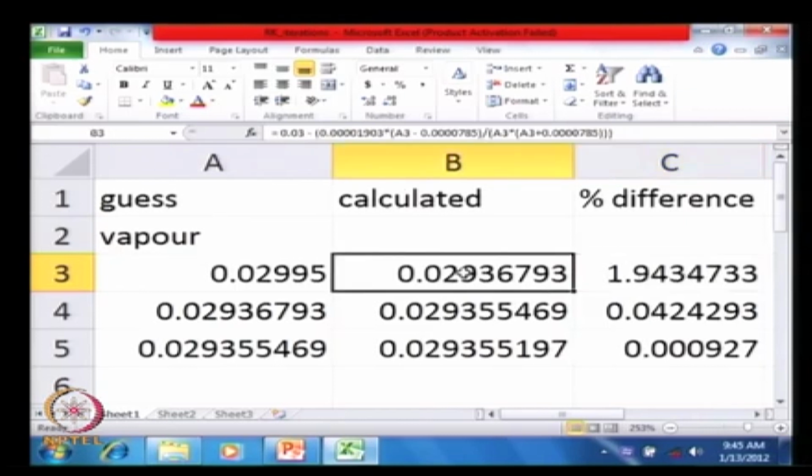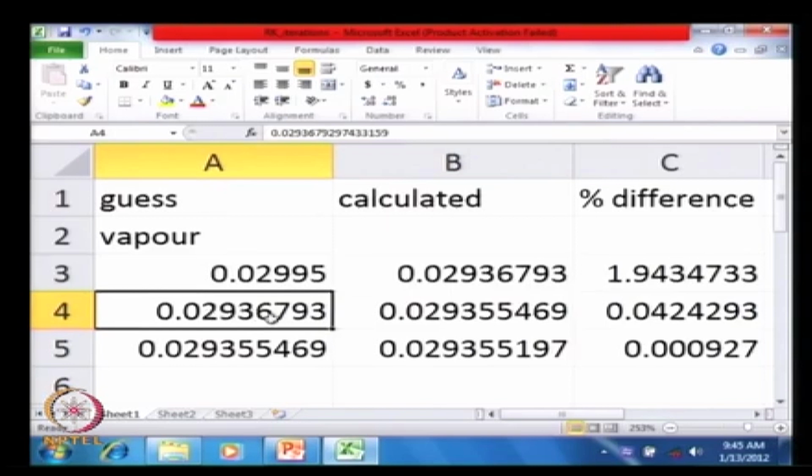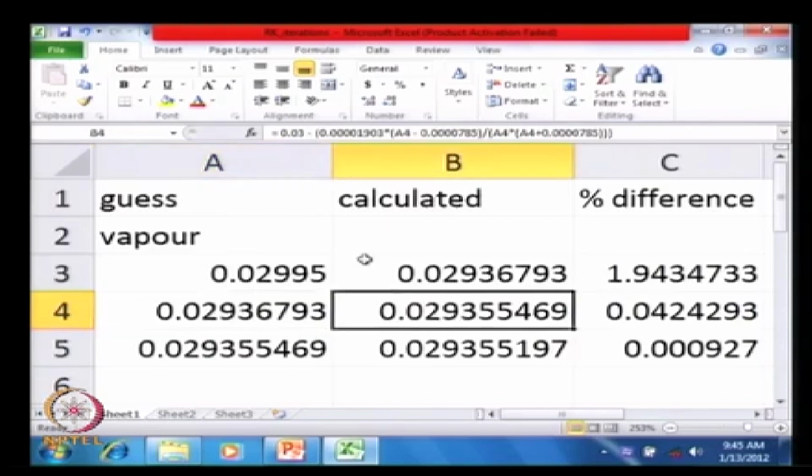So we take the calculated value, put it into the guessed value, and calculate the value again, using the same equation. Now you find that the guessed value was 0.02936 and so on, and the calculated value turns out to be 0.029355 and so on.